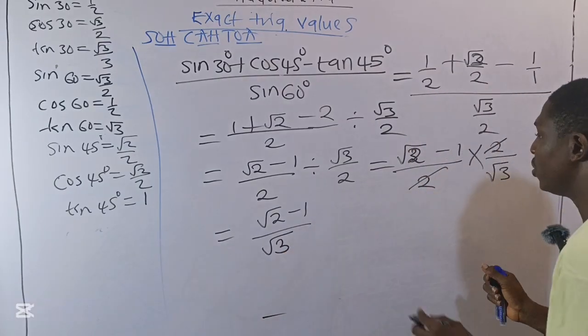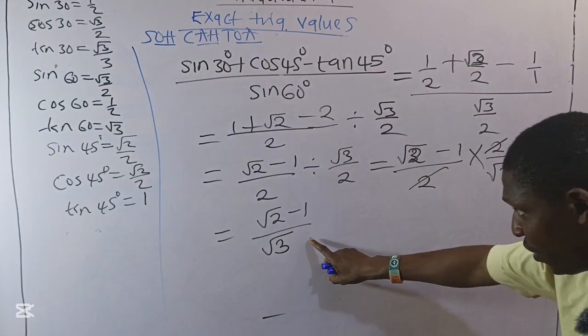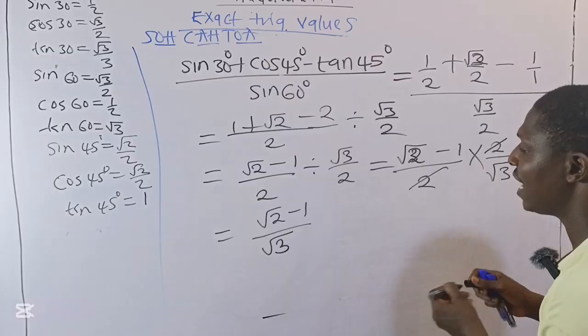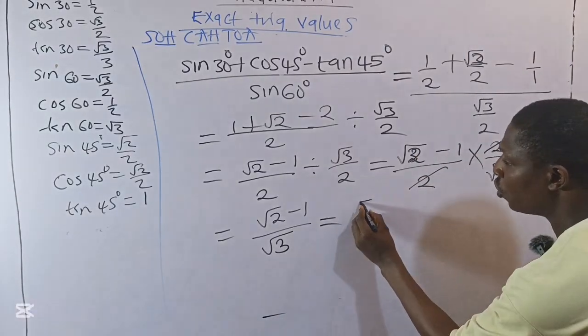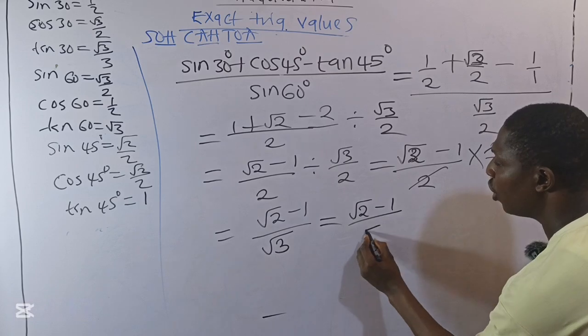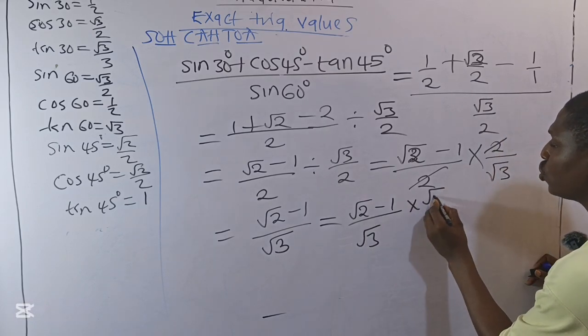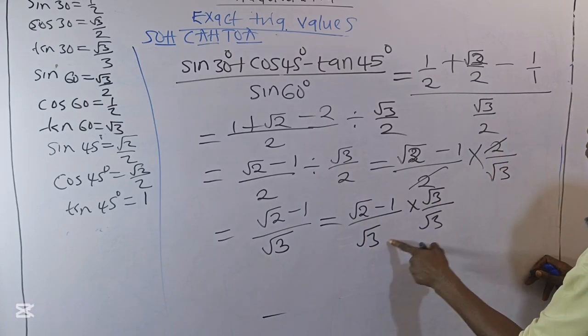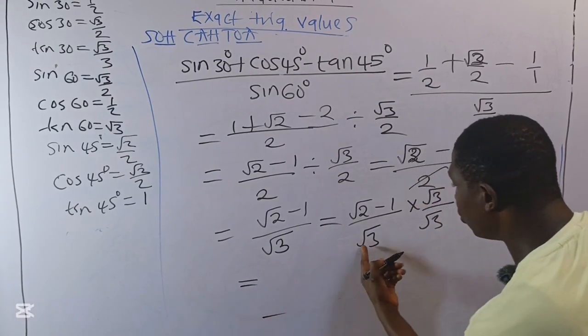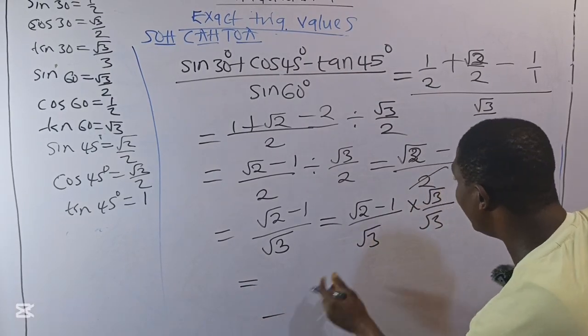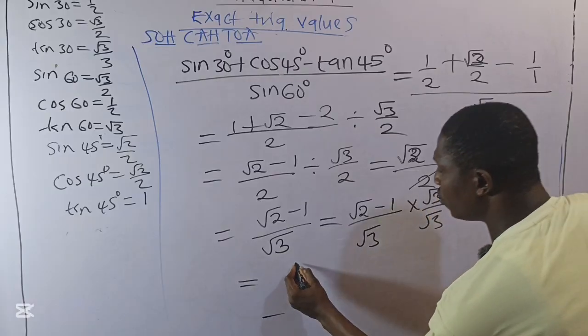This is where a student who is not fully into mathematics will stop. But a student that is into mathematics will realize that this must be what? Rationalized. So you have root 2 minus 1 all over root 3. You multiply the top and the bottom by what? Root 3, so that the bottom will give you a what? A natural number without a what? A root. Now, this will multiply this, it will give me what?